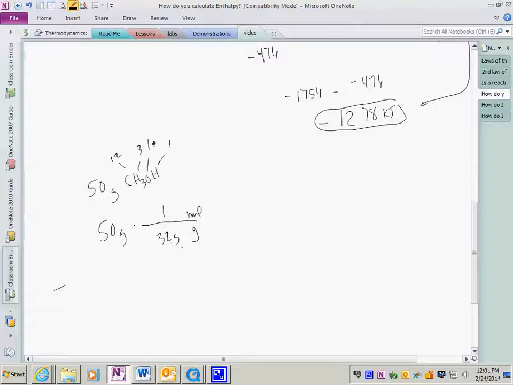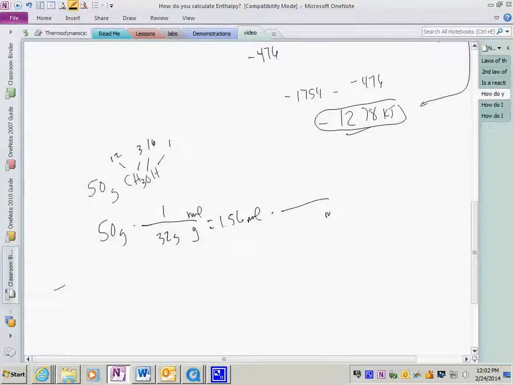So that's not quite 2 moles. 50 divided by 32 is 1.56 moles. It's just a simple proportion: if 2 moles gave me this much energy, how much would 1.56 give?